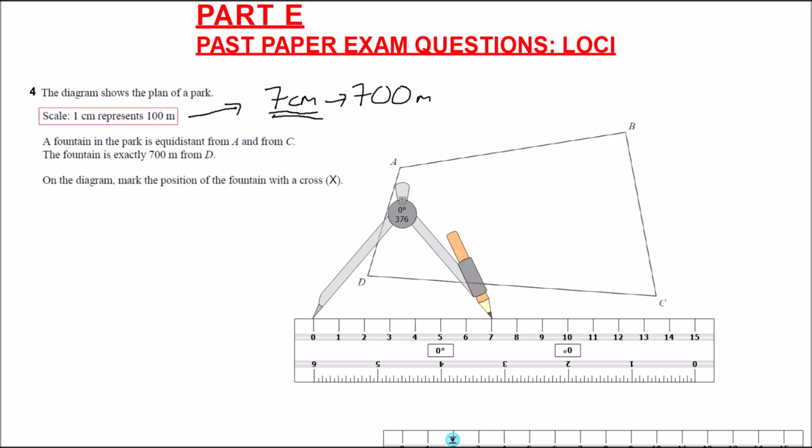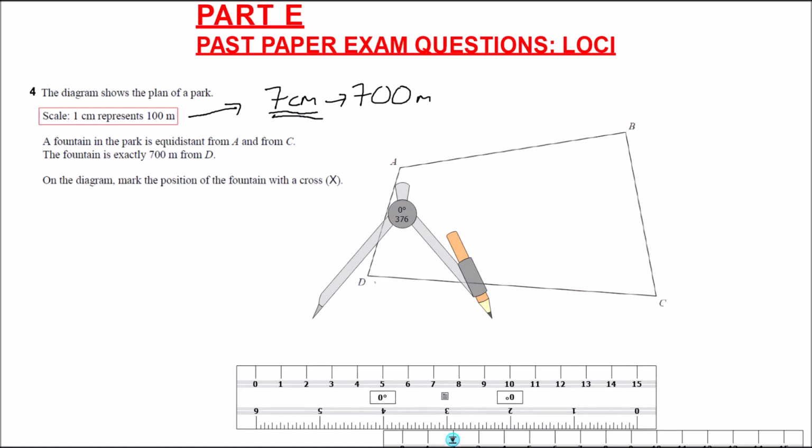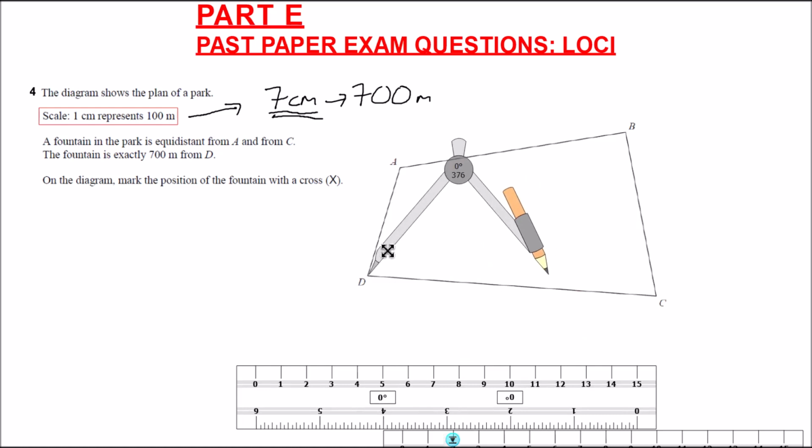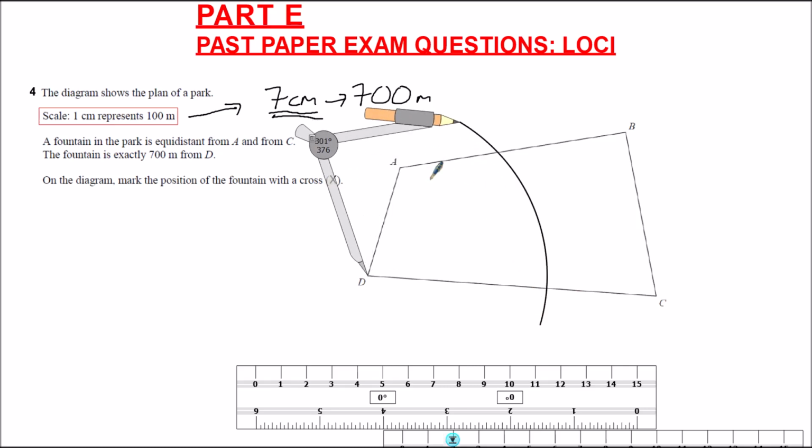Okay. So now that we've measured out 7 centimetres, we get the compass needle, pop it on top of point D, and do a curve which is cutting the lines at all points, like so.